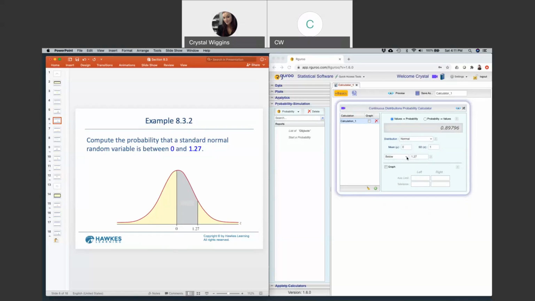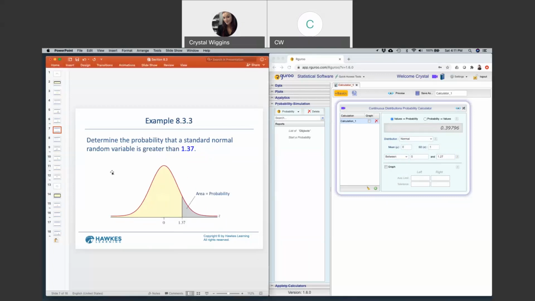So I'm going to come over here to my calculator. I'm going to select between, and the lower is 0 and the upper is 1.27, and eyeball. There is an area of 0.39796, which would round to 0.398. So about 40% of the area is between 0 and 1.27 on this standard normal curve.